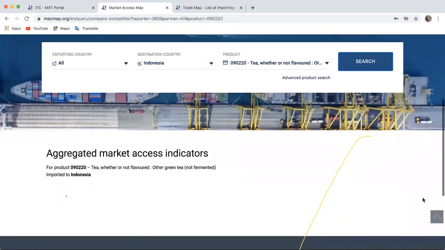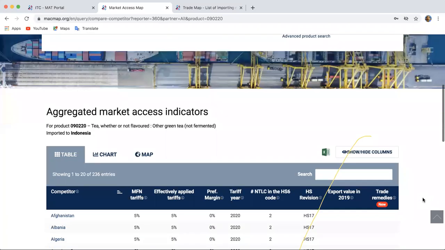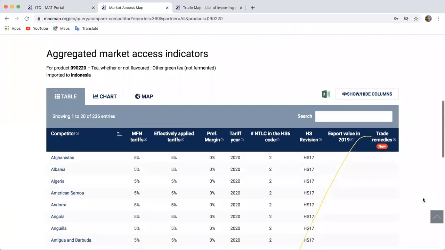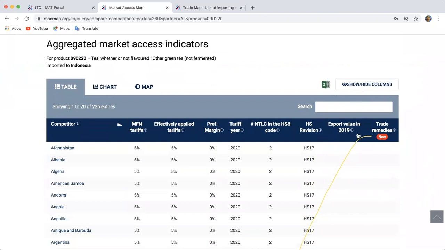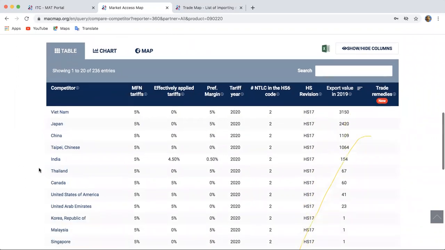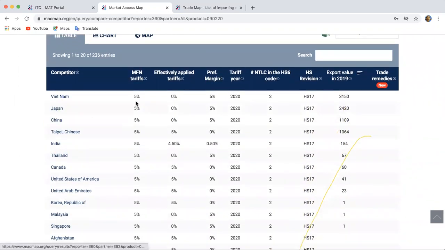And in this case, we will see again the national tariff lines. No, we cannot see the national tariff lines here, but it shows you how many are below it. So we can look at the top exporters of green tea to Indonesia, and we are the second one. And as we can see, there is a lot of others who can actually take advantage of this ASEAN agreement. So we are not alone.